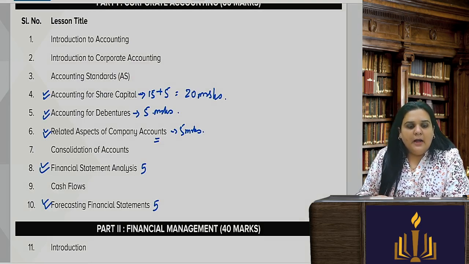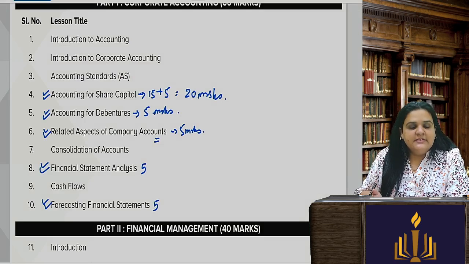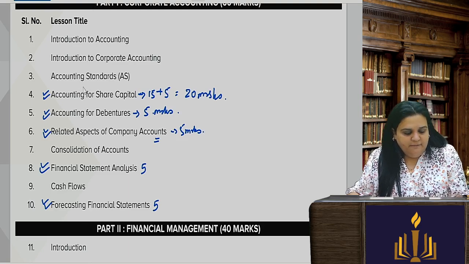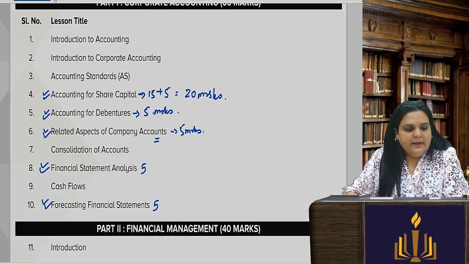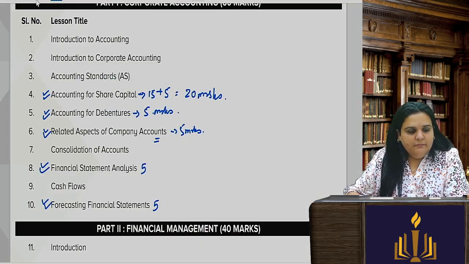Again, this is a part of related aspects also. You can say lesson number 6 or lesson number 4. So here again, if you see, it is 5 marks I am adding to it. Okay, so 20 plus more 5, 25 marks.